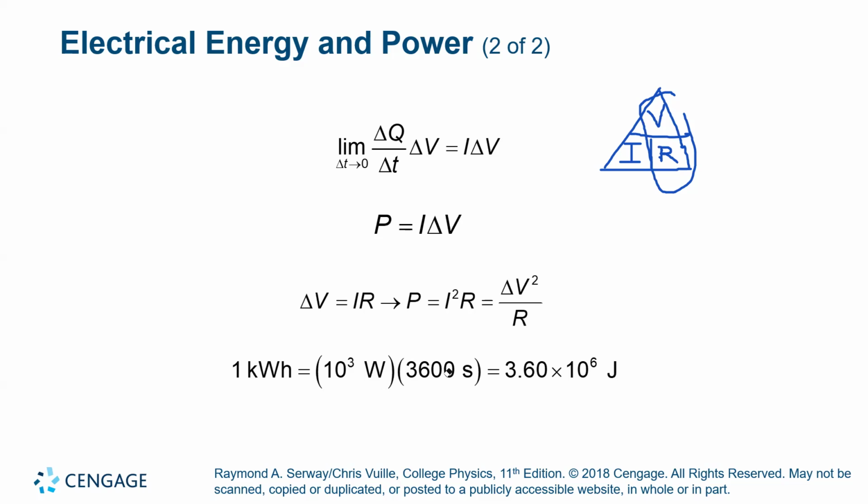But they just count up kilowatt hours in your household. If I use 1,000 watts, that's 1 kilowatt for 1 hour, they consider that to be 1 kilowatt hour, and they charge you at a certain rate. You can look it up. I think we looked it up the other day for PSE&G. It was something like 17 cents on the internet. I don't know if that's accurate, but it's a number on the order of less than 20 cents per kilowatt hour. But that can add up over time.